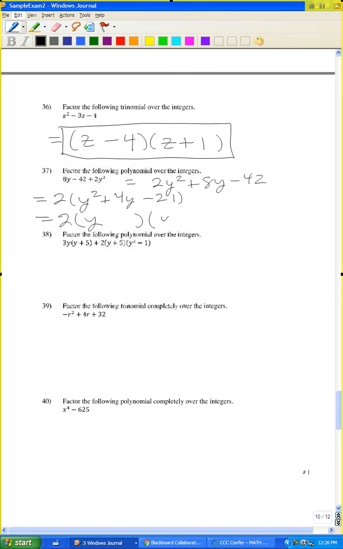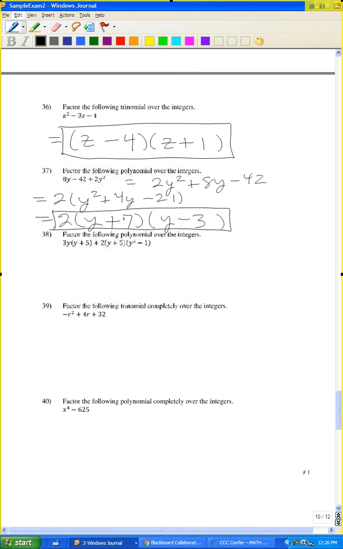You have a monic quadratic, so I can just factor this as y and y at first. Bring down the plus sign. Plus times minus is minus. I want to find two whole numbers whose product is 21 and whose difference is 4: 7 and 3. And you put the larger factor first. And you are done.